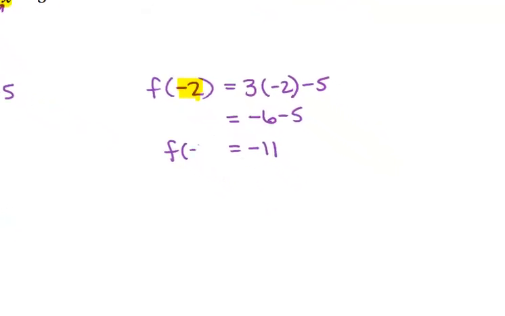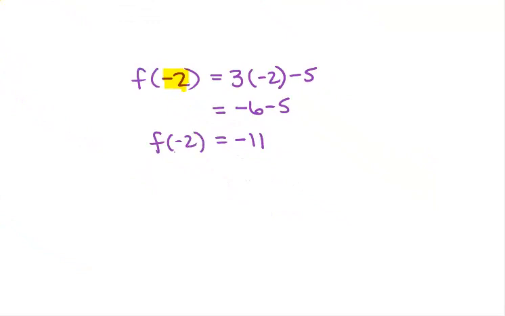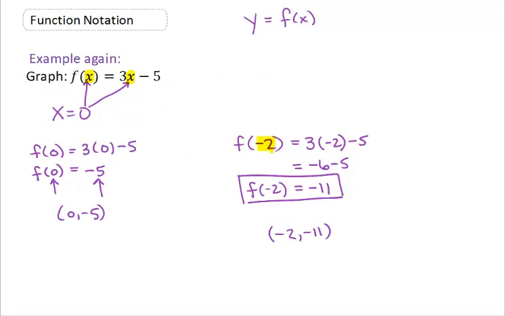So I have, again, one statement that connects my x value of negative 2 and my y value of negative 11. Now, if our goal was to graph this, then we would go ahead and write this as an ordered pair or a point. If your example does not say anything about graphing, then this statement here is your final answer.